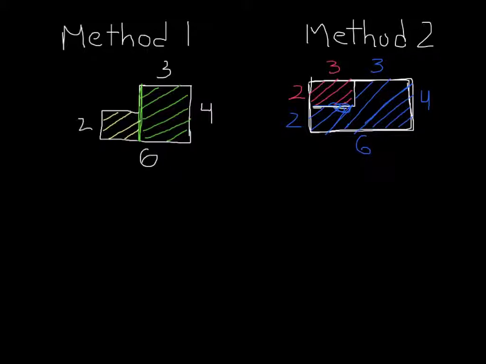So you just make it into two different boxes, and then you can just do base times height. So you'd first do the green box first, and so 3 times 4, because this base right here, that's the base, and this is the height. So I do 3 times 4, which equals 12.